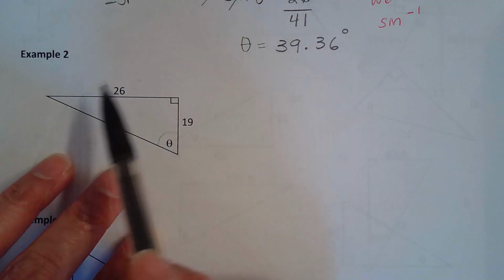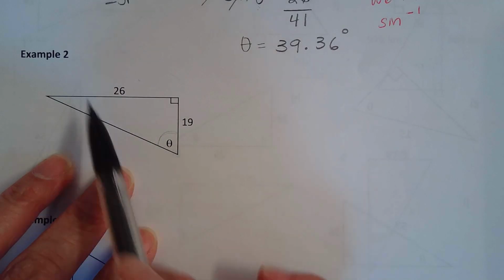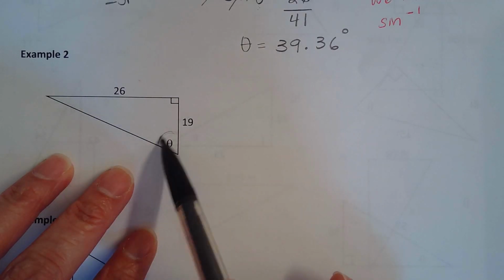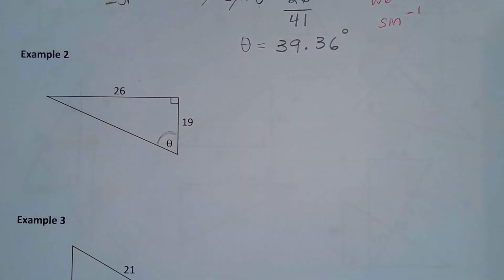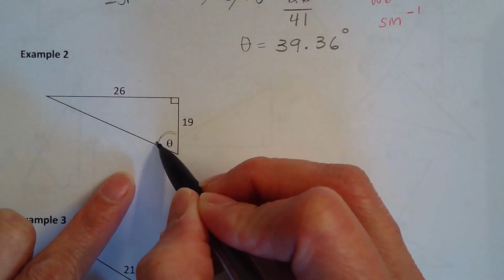In the question, it has theta, and then you got the two sides. So that means I'm going to use one of the trig ratios. But which one is it?